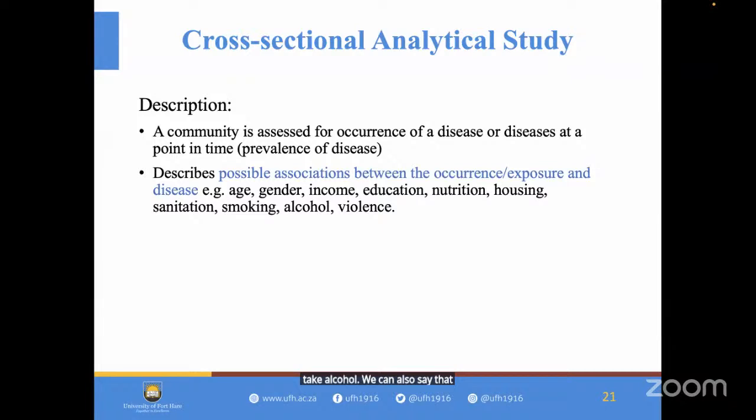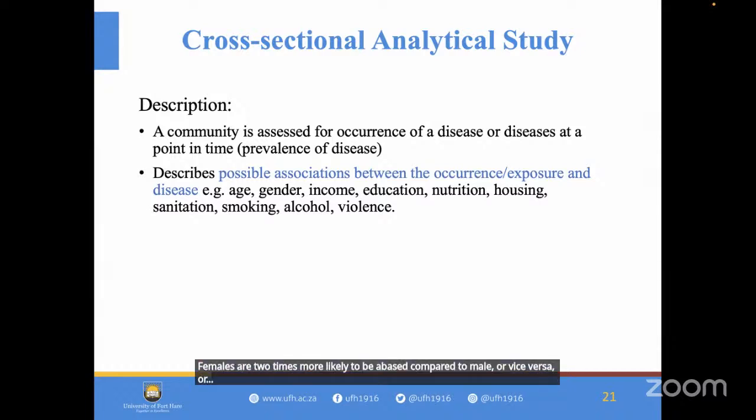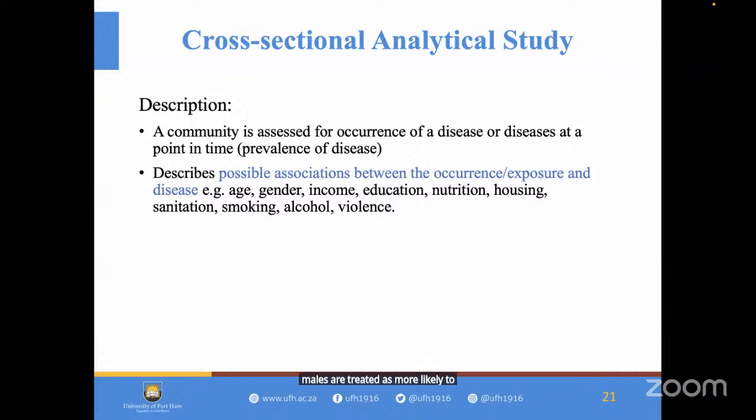We can also say that the relationship between gender and obesity is valid. And in this case, females are 2 times more likely to be obese compared to males, or vice versa, males are 2 times more likely to be obese compared to females.